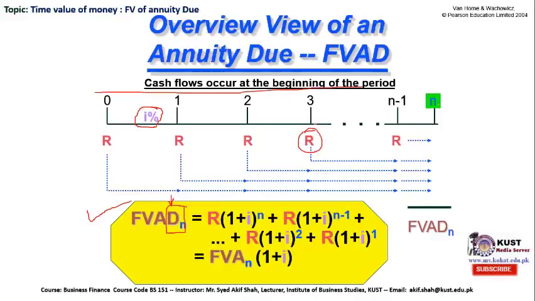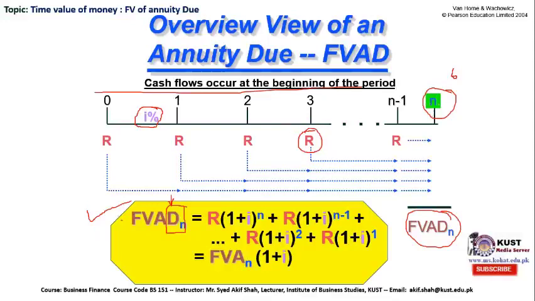However, if there are more years like 4, 5, 6, so on and so forth up to n, then we would be calculating our future value of annuity due as per the question's guideline. Let's say if the number of time period would have been 6, then we need to extend our timeline accordingly.